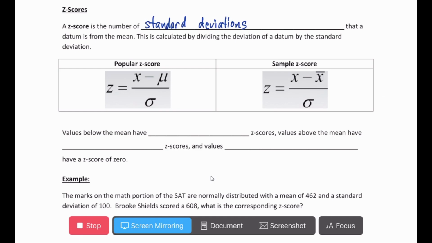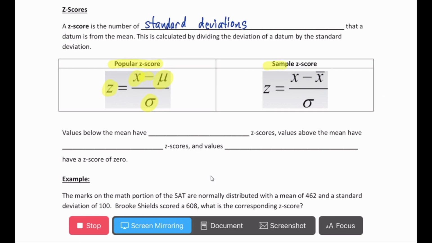There is the population Z-score, and once again, that just means the Z-score for populations. So Z equals X, that's our data point, minus mu, so that's our mean value. We've worked with something similar when we talked about standard deviation. Then divided by the standard deviation. So how many standard deviations am I away from the mean?